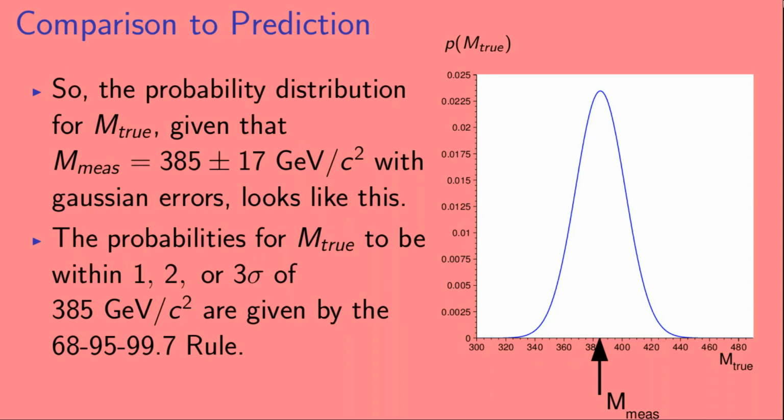So the probability distribution for M true, given that M measured is equal to 385 plus or minus 17 GeV/c² with Gaussian errors, looks like this. The probabilities for M true to be within 1, 2, or 3 sigma of 385 GeV/c² are given by the 68, 95, 99.7 rule.